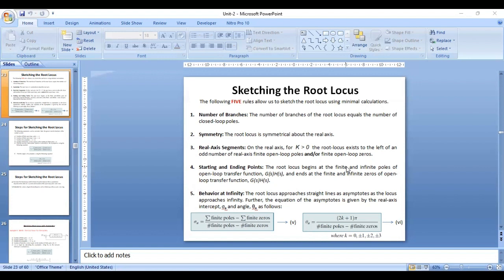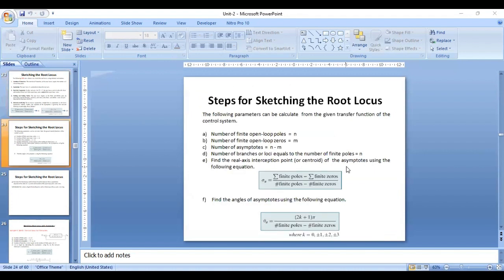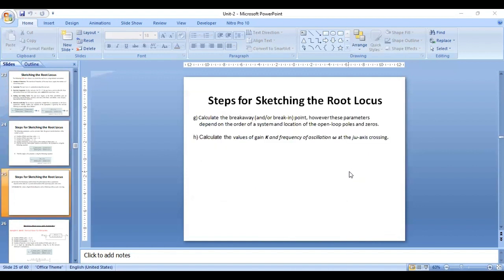Next is the calculation of the centroid. The centroid is the meeting point of the asymptotes with the real axis. The formula for calculating the centroid is the sum of poles minus the sum of zeros, divided by the number of poles minus the number of zeros.